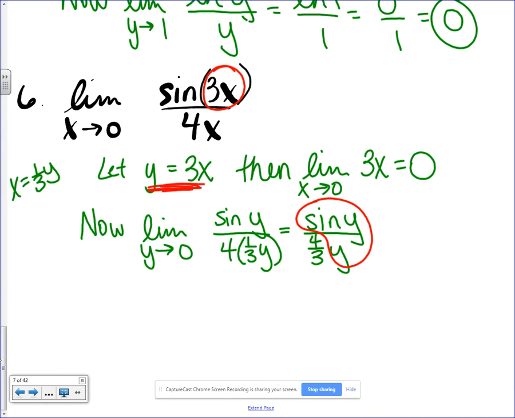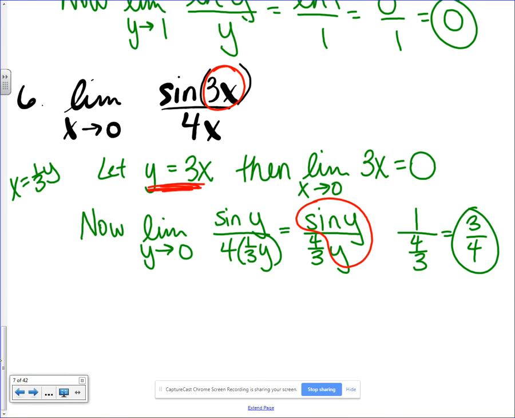What is that? It's 1. So this is 1 over 4/3. Folks, what's 1 over 4/3? 3/4. And that would be your limit. In this problem, you could not simply plug in 0 at the beginning. Wouldn't work.